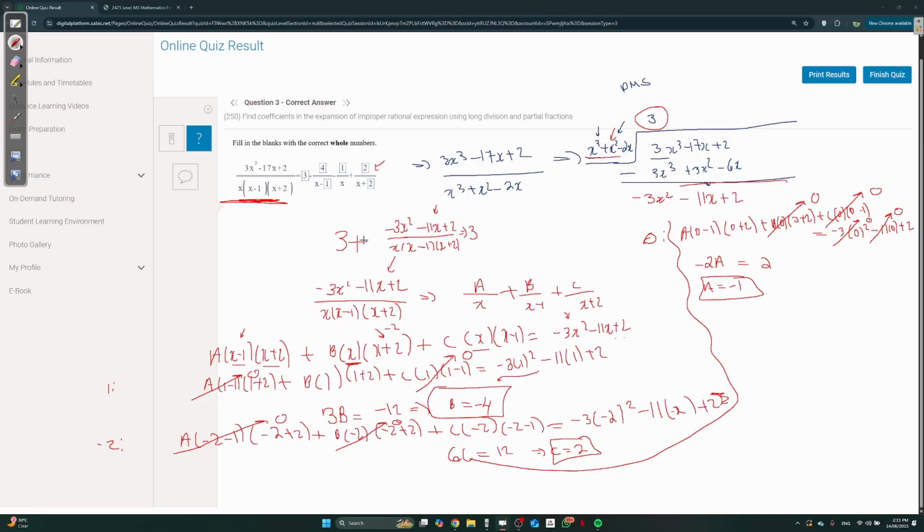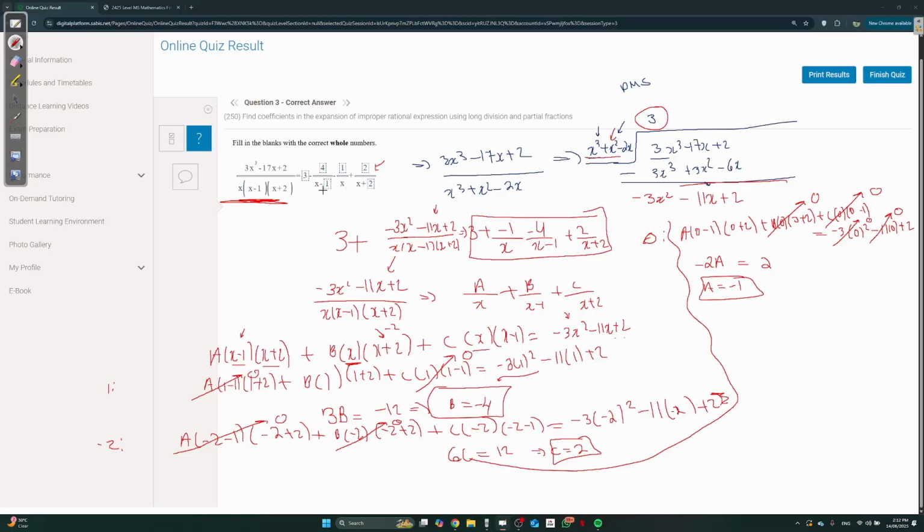So this is the same as 3 plus the decomposition of this, which is a, which is negative 1 over x, then b over x minus 1, which is negative 4, so minus 4 over x minus 1, and then c over x plus 2, we found c as 2, so plus 2 over x plus 2. So let's compare this with the answer. Is this correct? As you can see here, yes, it is.